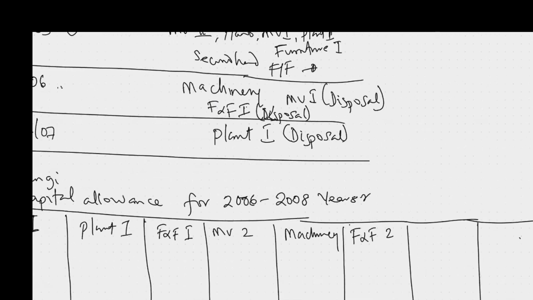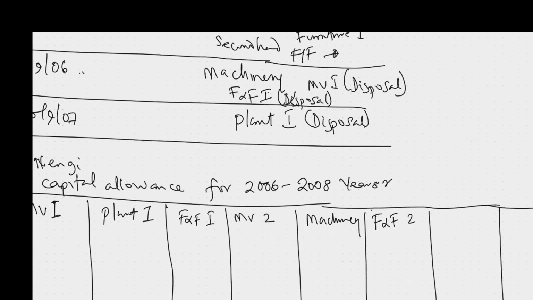It's supposed to be 7 now. Motor vehicle 1, plant 1, motor vehicle 2, plant 2.